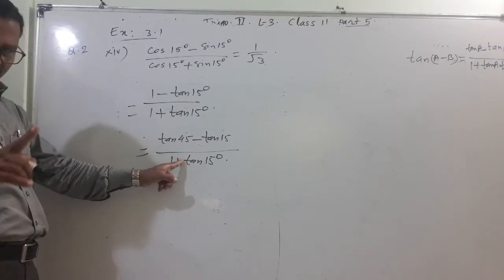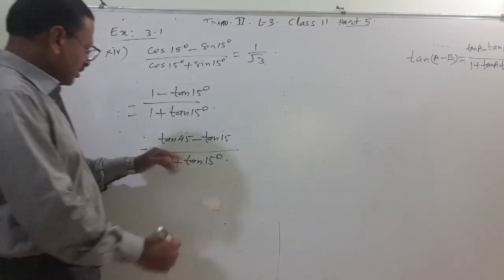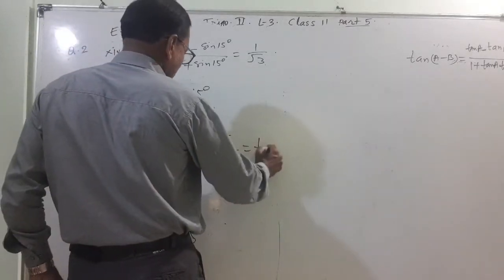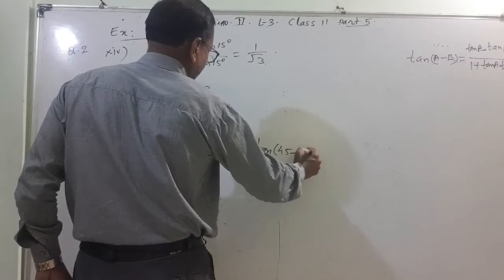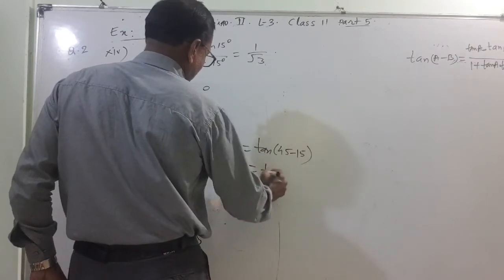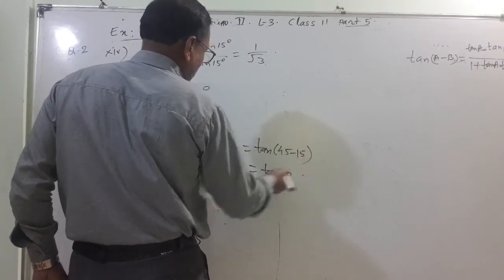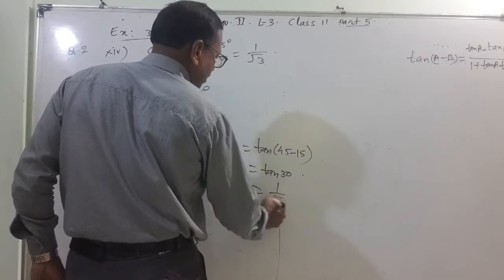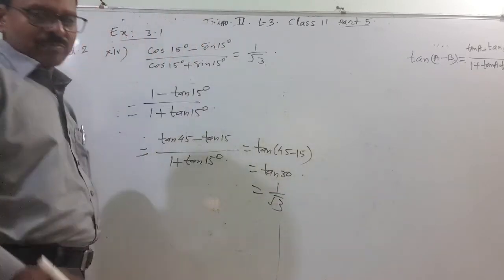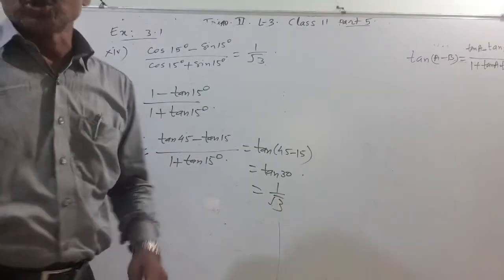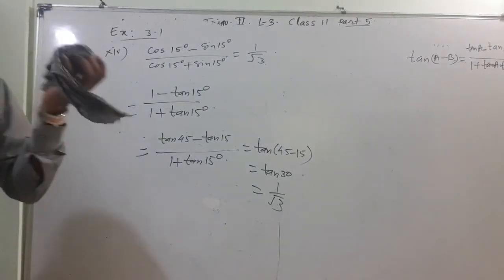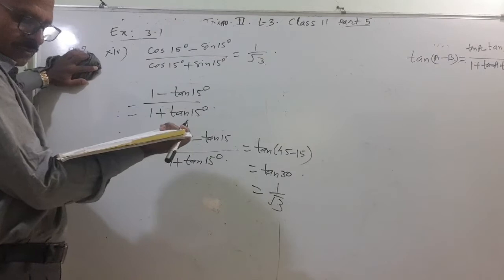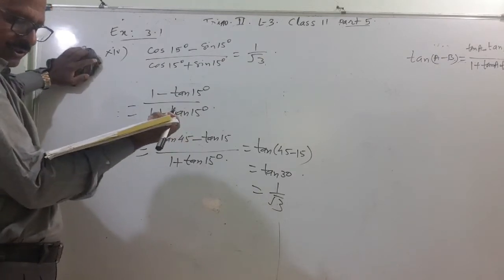So this is nothing but tan of 45 minus 15 degree, and that is nothing but tan of 30 degree, and the value of tan 30 is 1 upon root 3. So this way you can prove it. It is for you to do. I will keep it for you as the assignment. Hope that you have understood this.